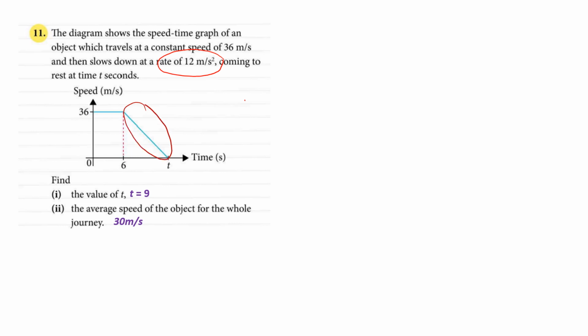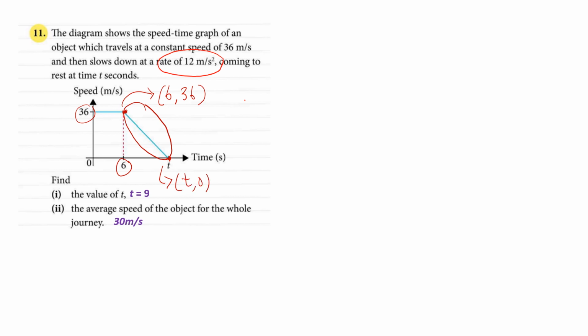The gradient of the line will be equal to 12 meters per second squared. Let's identify 2 points. The easiest point we can use is this point here, where the x coordinate is 6 and the y coordinate is 36. Then we can use another point here, where the x coordinate is t and the y coordinate is 0.